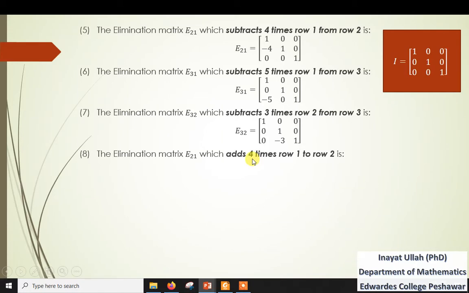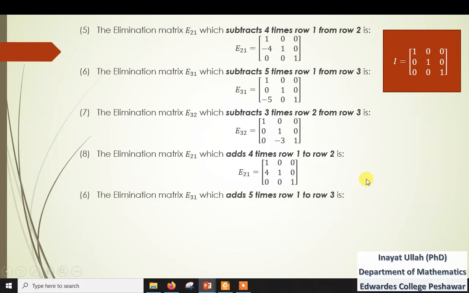We will write 4 with a positive sign in row 2, below row 1 where there is 1. So below this 1 in row 2 we will write plus 4. So that is E21. Just look at that: 4 is added in this place where there is 1 above row 2.